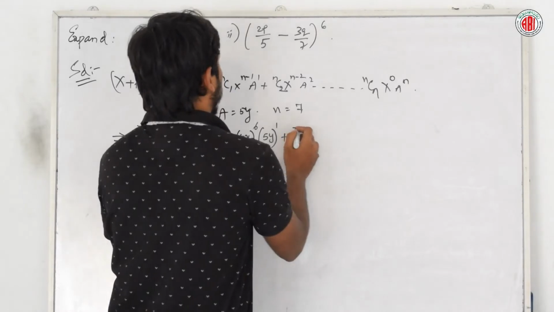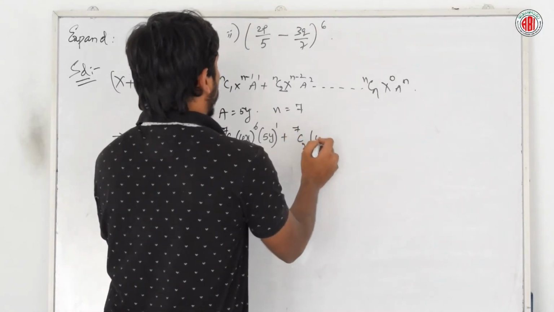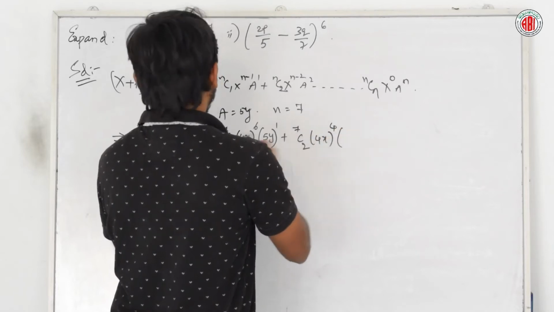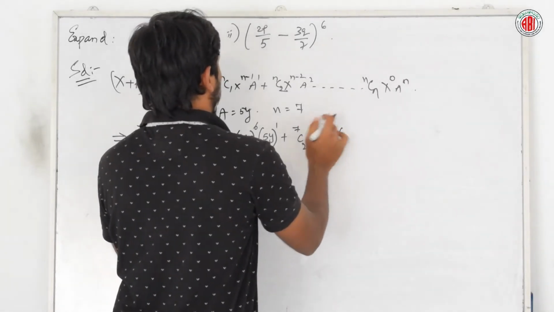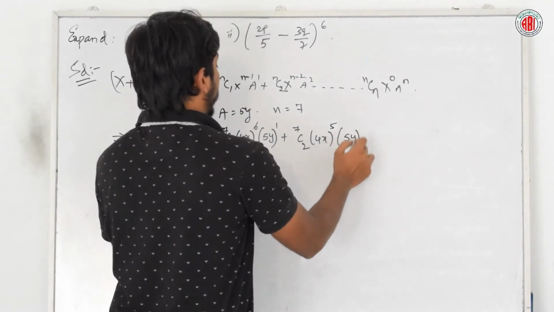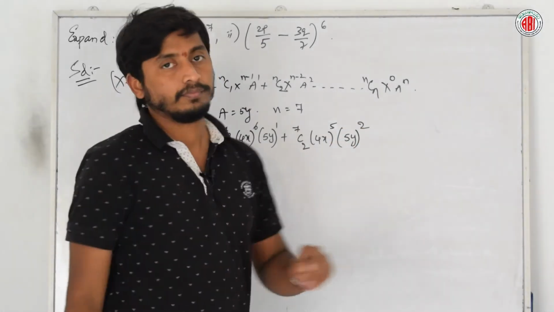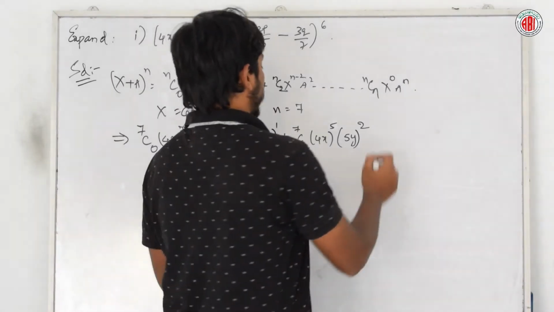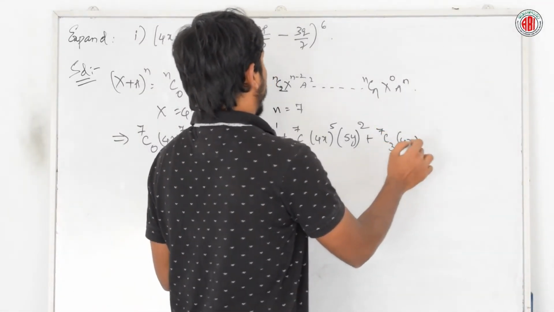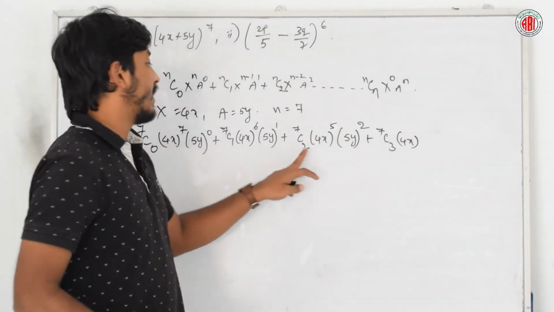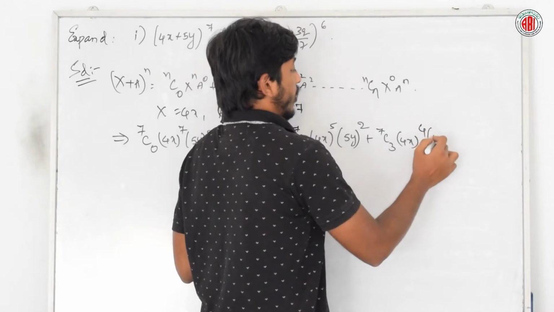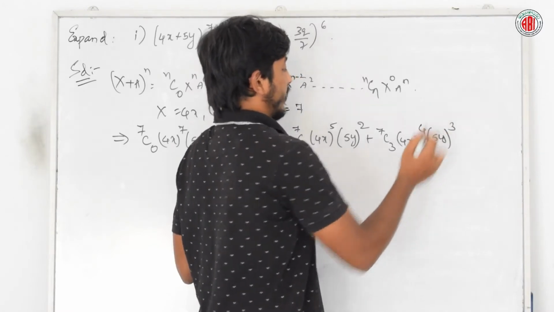Next 7C2 (4x)^(7-2), that is 5, (5y)^2, right? Next 7C3 (4x)^(7-3), that is 4, (5y)^3.